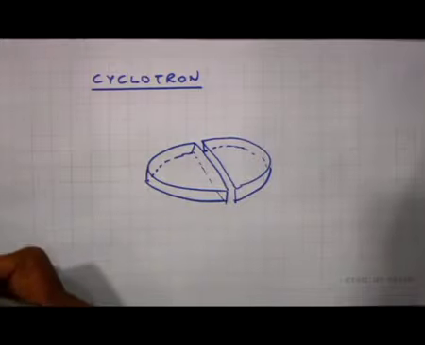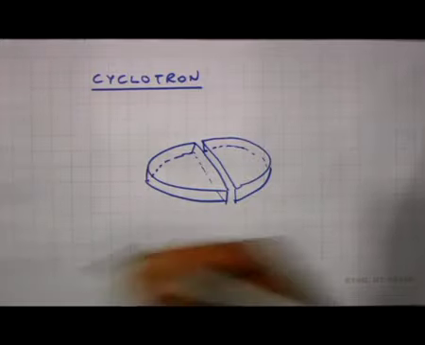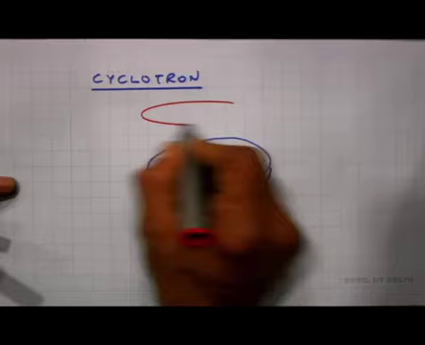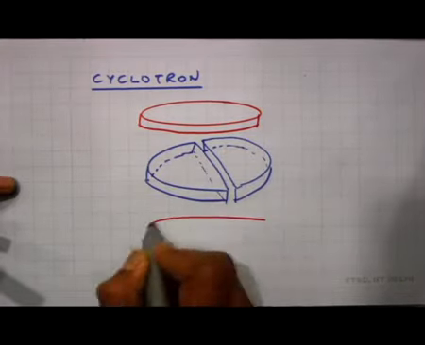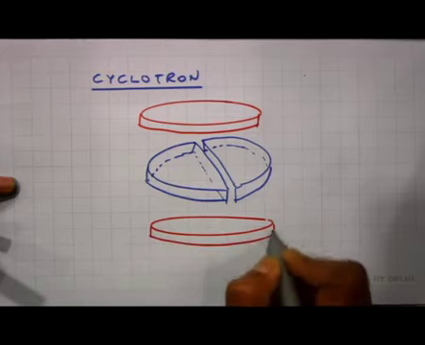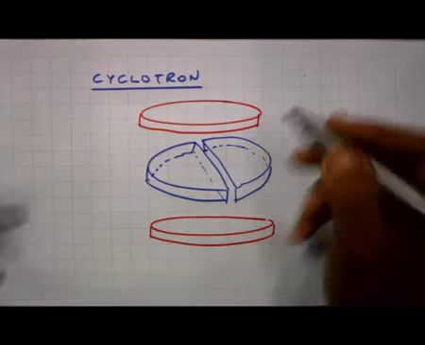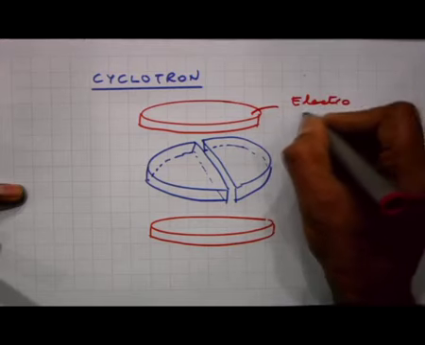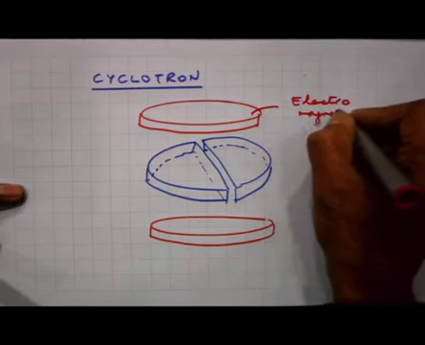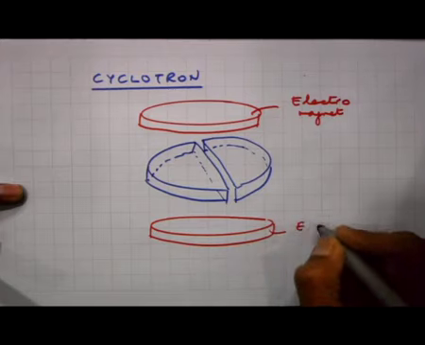And then there is a magnetic pole piece here. There is another magnetic pole piece on the bottom. So, these are electromagnets. This is also an electromagnet.